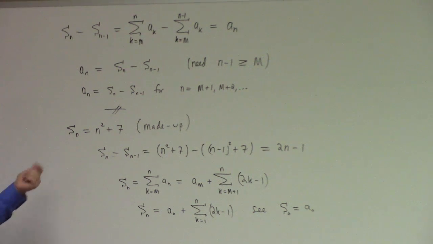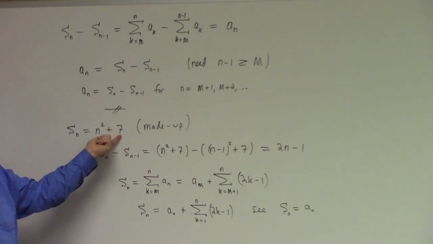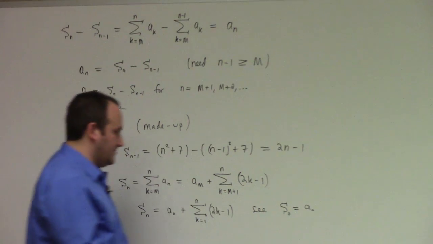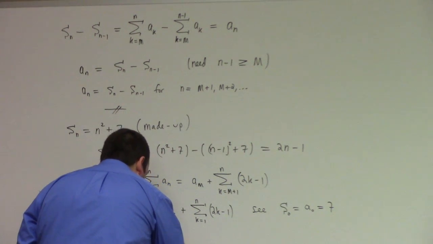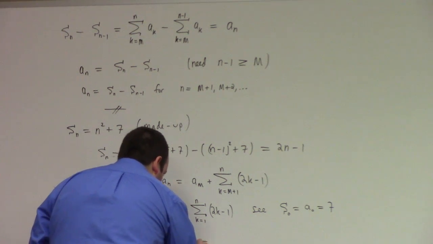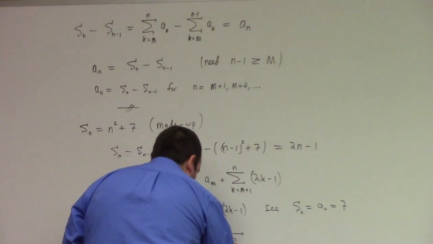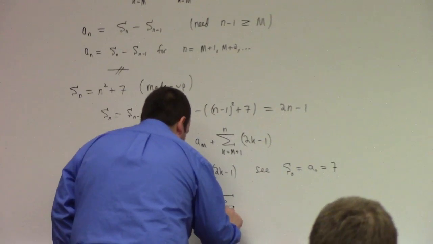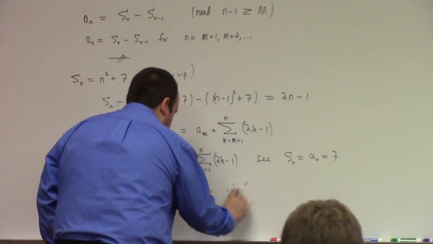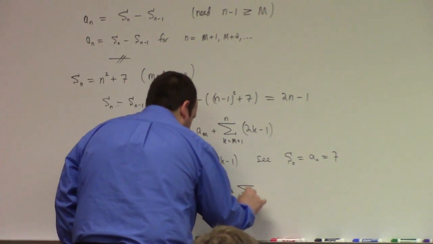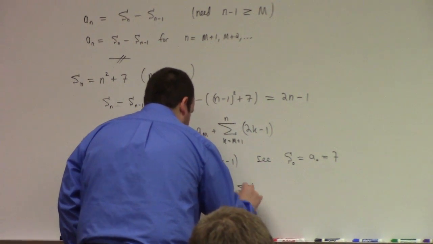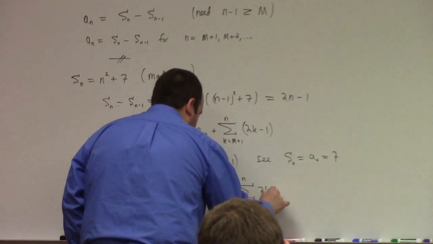But if you put n equals 0 into n squared plus 7, what does this give you? 7. So therefore, what we have is that n squared plus 7 should be equal to 7 plus the sum k equals 1 to n of 2k minus 1.